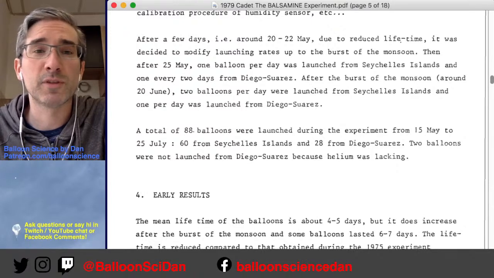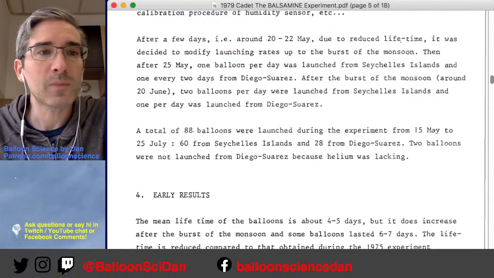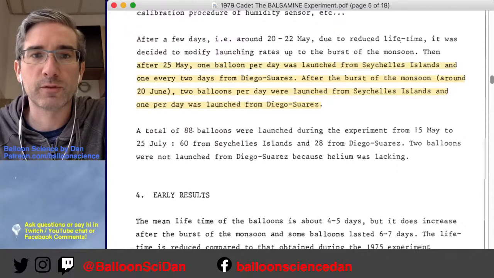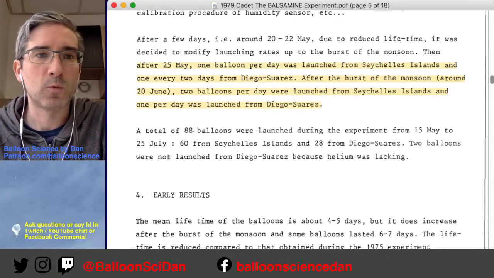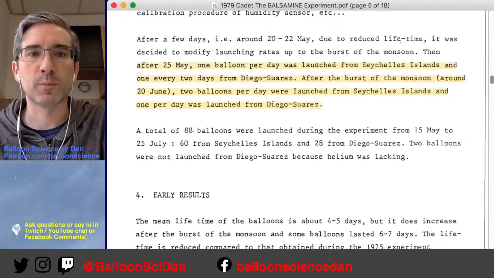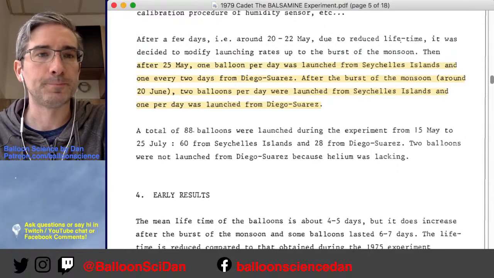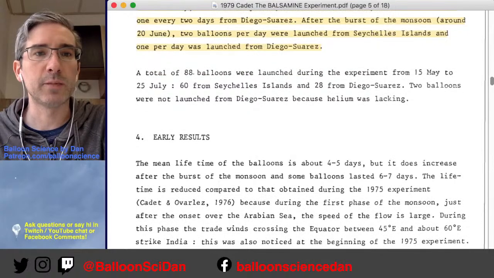And when they say burst of the monsoon, they don't mean balloon, they mean when the monsoon, I think, just starts dumping rain. Then, after 25th of May, 1 balloon per day was launched from Seychelles Islands and 1 every 2 days from Diego Suarez. After the burst of the monsoon, around 20 June, 2 balloons per day were launched from Seychelles and 1 from Diego Suarez. A total of 88 balloons were launched.